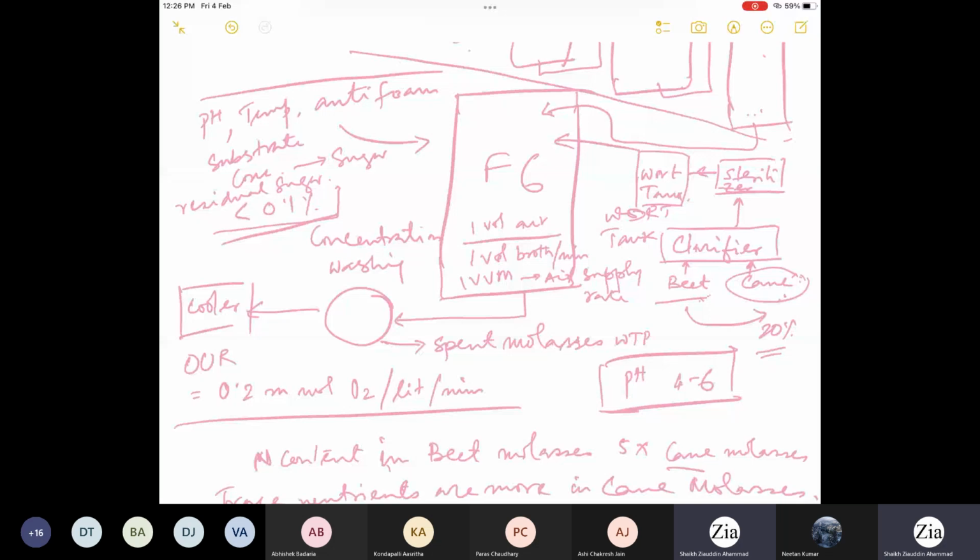In the mixing tank, you mix them together and finally transfer them to the final reactor. While transferring to the final reactor, you add externally, because a sufficient amount of nitrogen may not be available in the molasses, some nitrogen in the form of ammonia or ammonium ion.